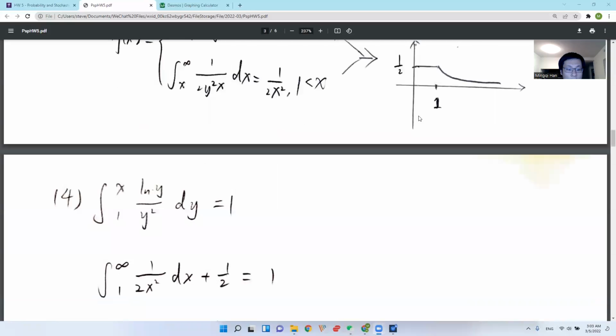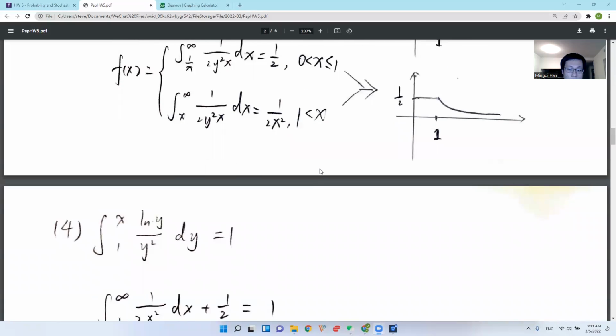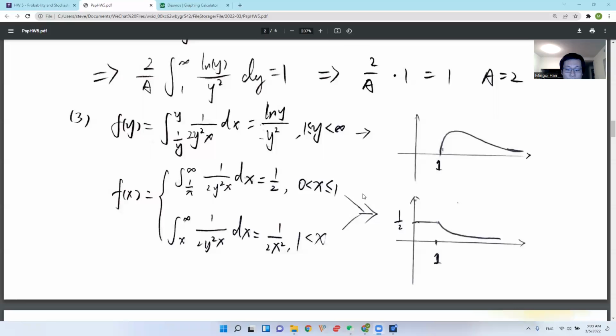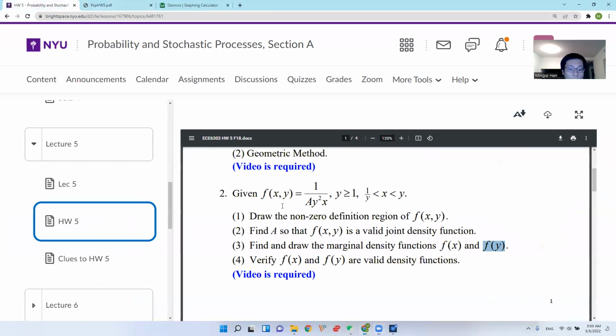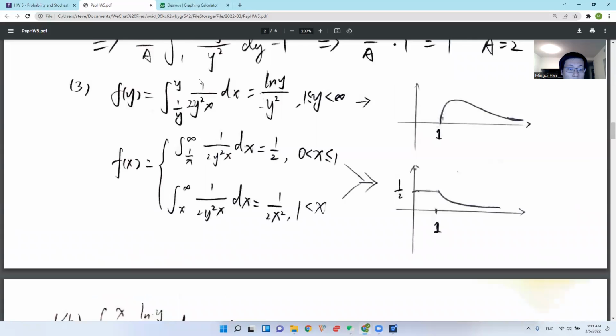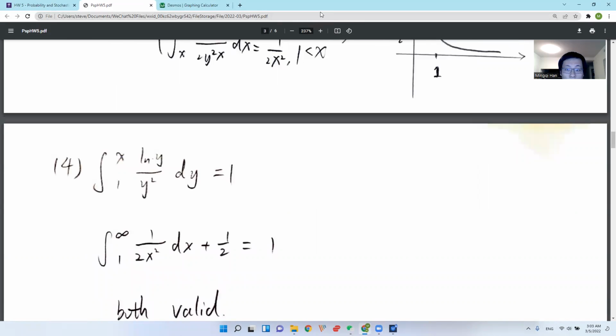And for part 4, we are basically trying to confirm that f_X and f_Y are valid functions. In order to do that, we just need to check that their integration is equal to 1.